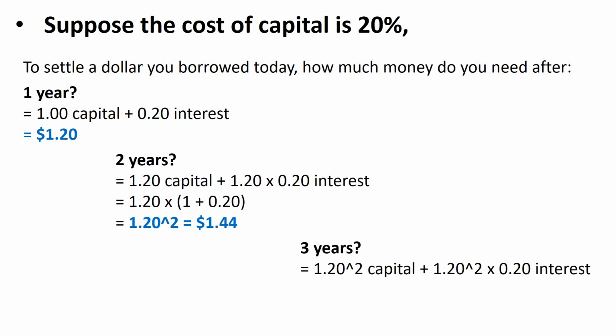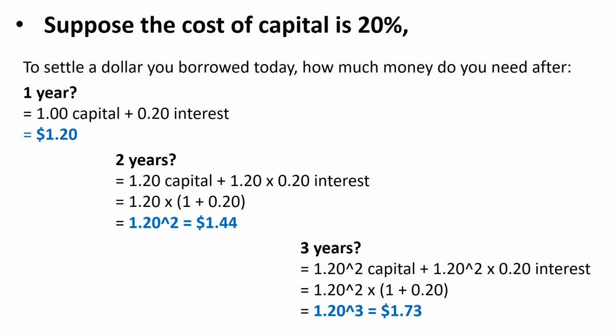So at the end of the third year, you got to pay the $1.44, which is the $1.20 squared, plus 20% on that. Now surprisingly, you see, you pull $1.20 squared out, this one and this 20, so that's $1.20 cubed, that's $1.73. So now you're paying 29 cents for the third year, or between here and here, you have to pay 53 cents.